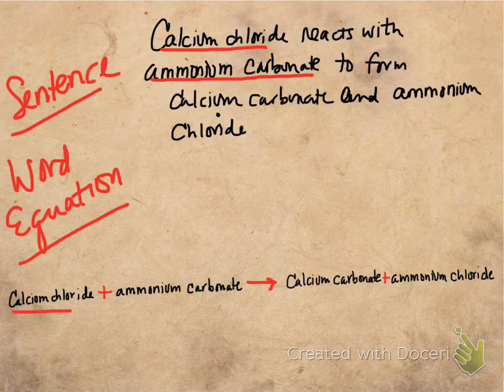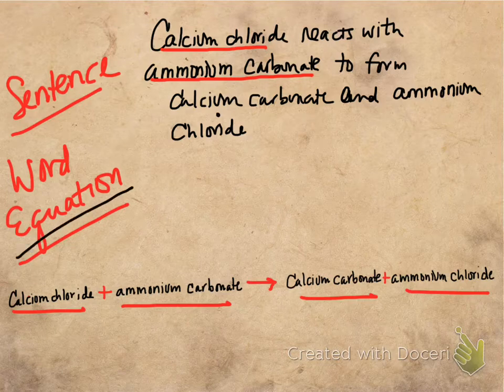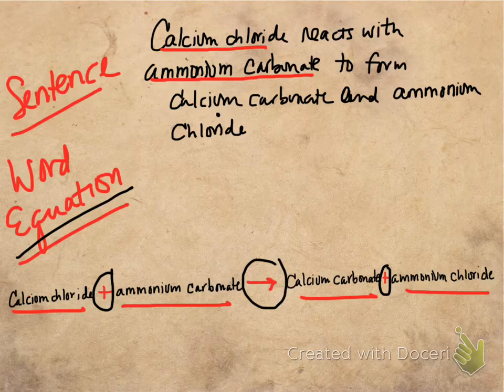The word equation still uses the names of the compounds, but those are the only words that appear there. Everything else that appears in a word equation is a symbol. The plus signs indicating that more than one thing is the product or that more than one thing has been formed, and the arrow indicating that a chemical reaction has taken place. That's not so hard. Okay, now let's move on to our second step.